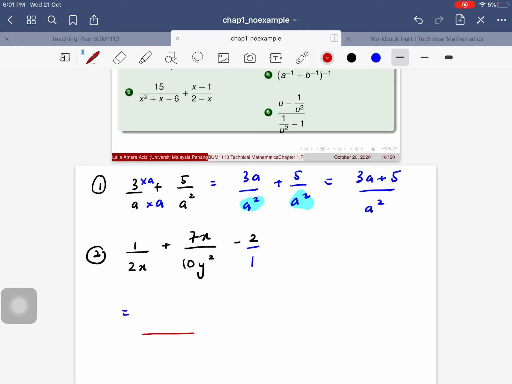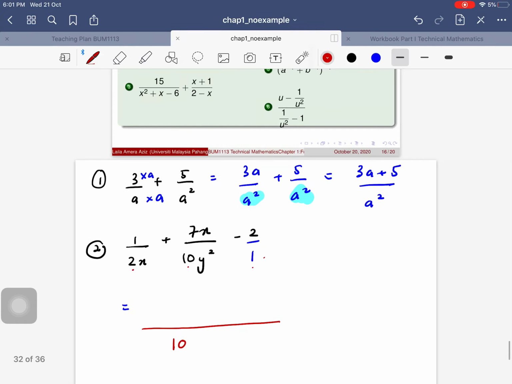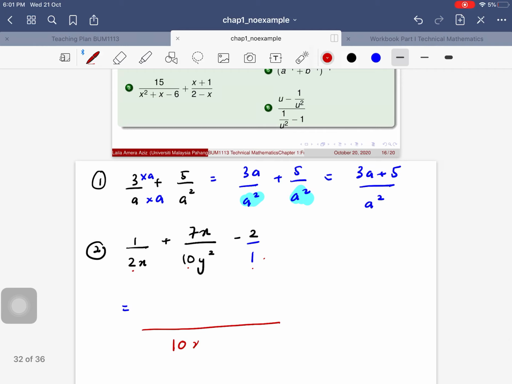I have 2, 10 and 1, so the constant is going to be 10. I'm going to make the 2 into a 10, and I have x and y squared, so I'm going to have both x and y squared. How do I make this into 10xy squared?